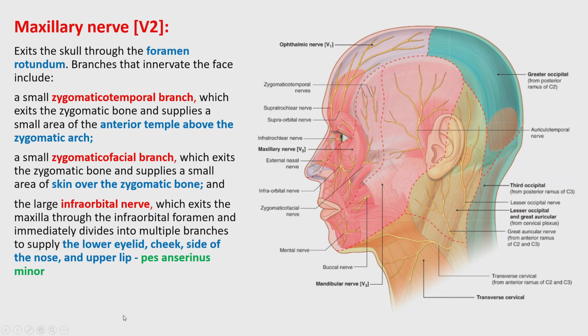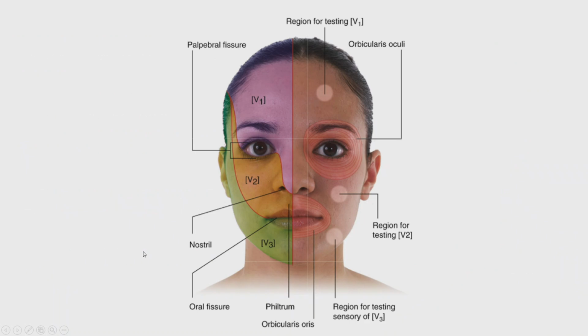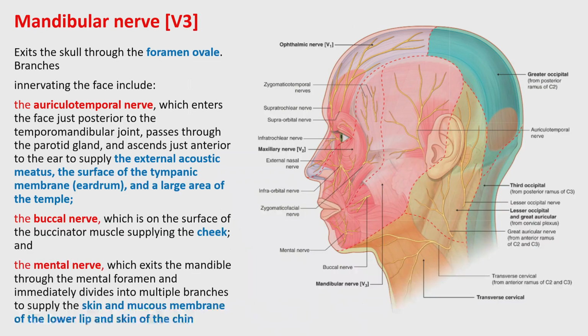So this is another pes anserinus, but a minor one, and those are the branches of the infraorbital nerve that is innervating this part of the face. And again, a very nice picture about the territory of cranial nerve V2, the second branch, the maxillary nerve. So all this area is the sensitive innervation territory of the trigeminal.